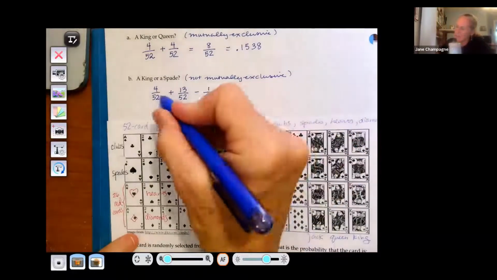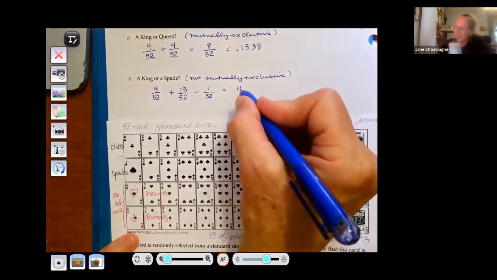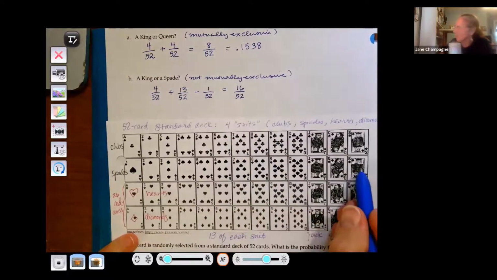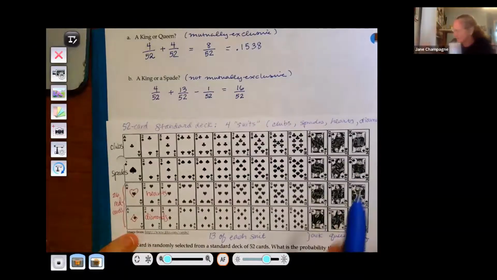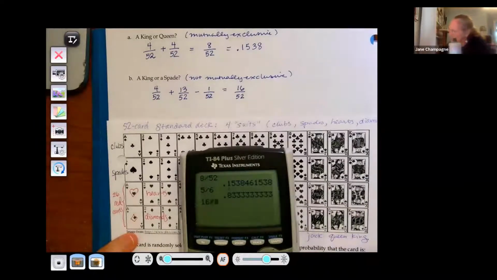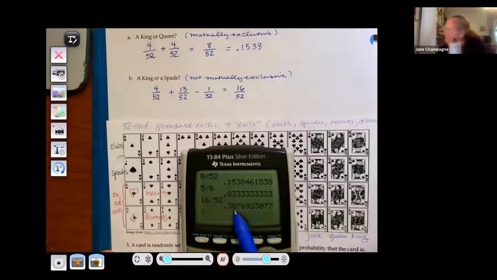Which is 16. The idea is to just not count that king twice. So 4 out of 52 plus 13 out of 52 minus 1 out of 52, and that's 0.3077.